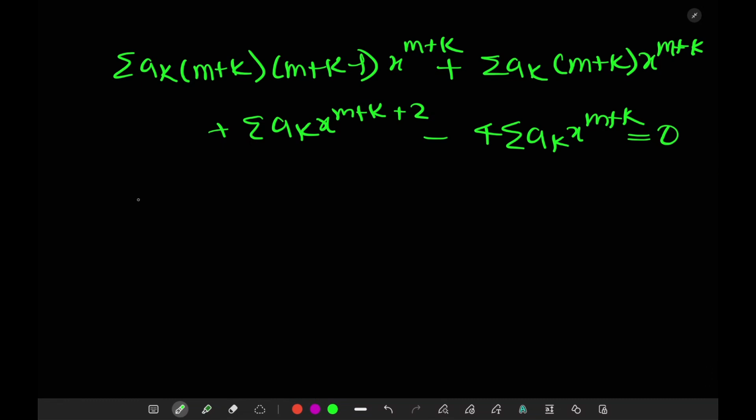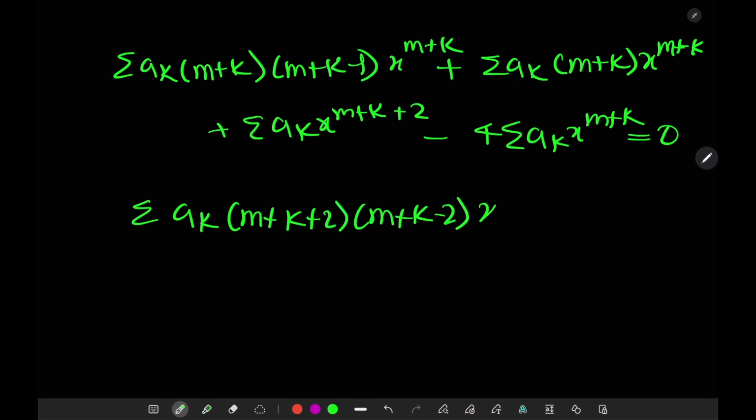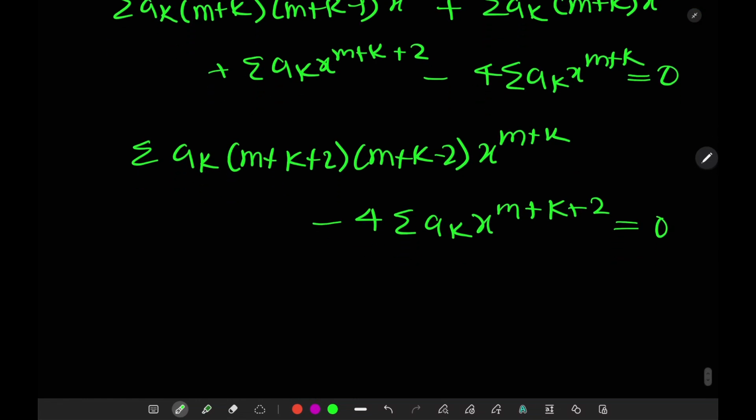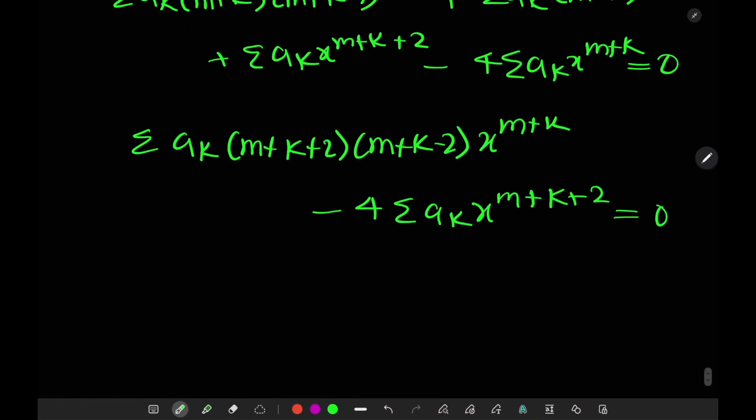On solving this equation, we get summation a_k (m plus k plus 2)(m plus k minus 2) x raised to power m plus k, minus summation a_k x raised to power m plus k plus 2, equal to 0.